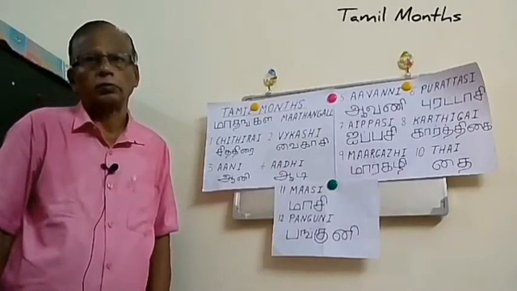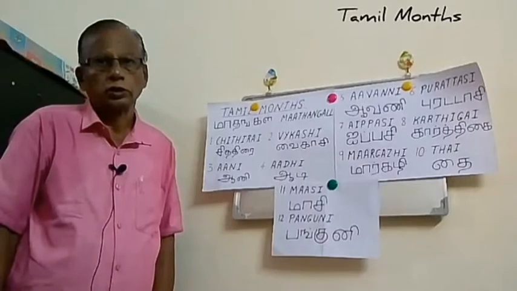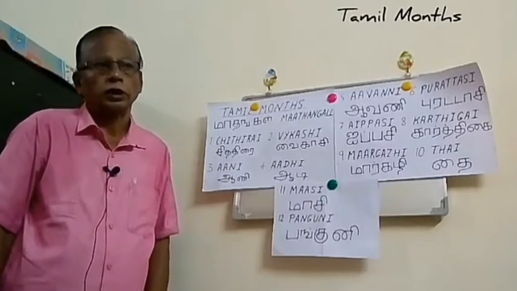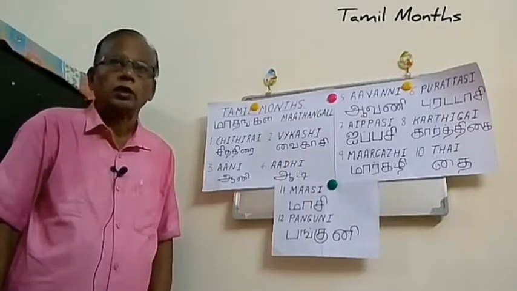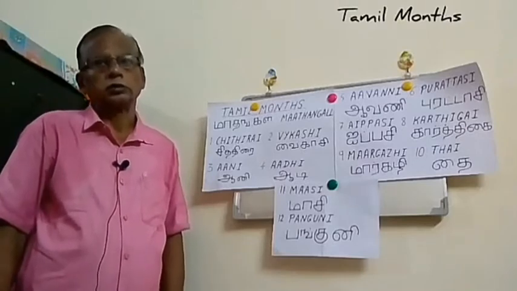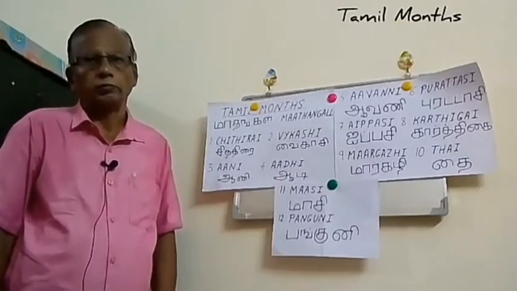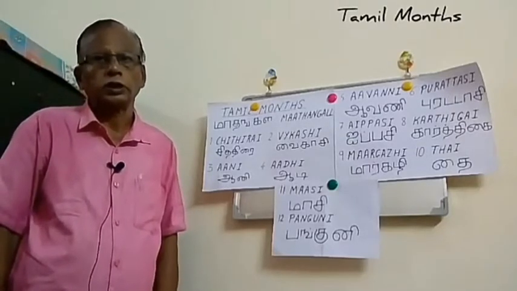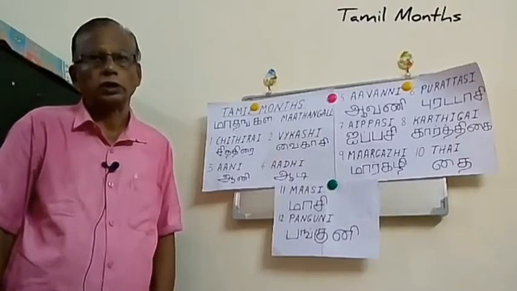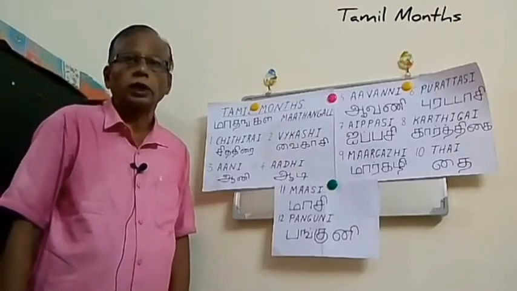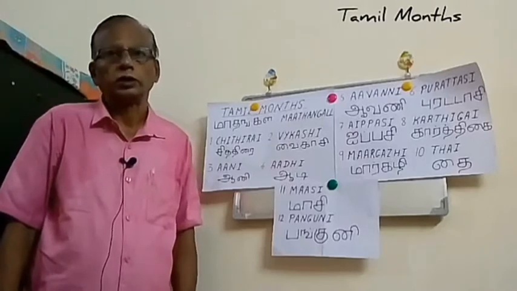It comes in the month of March. Panguni Uttaram is one of the great festivals in remembrance of Lord Ayyappa. Uttaram means Uttara Phalguni star, and it's also a holy season.